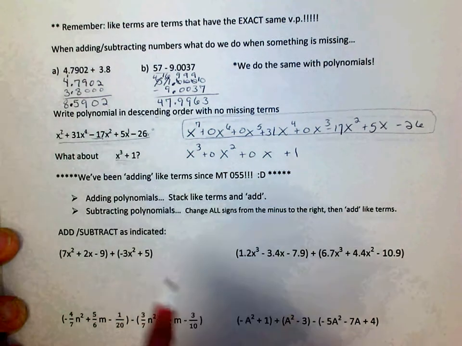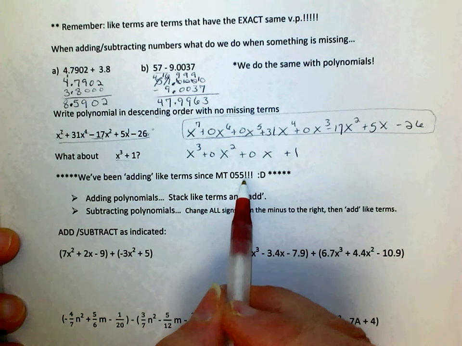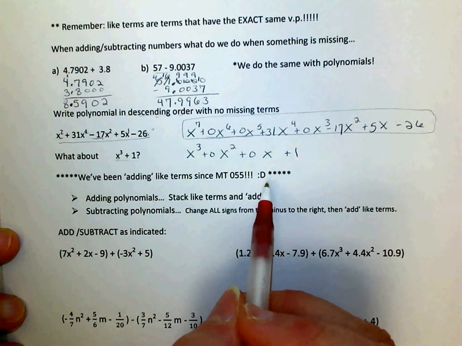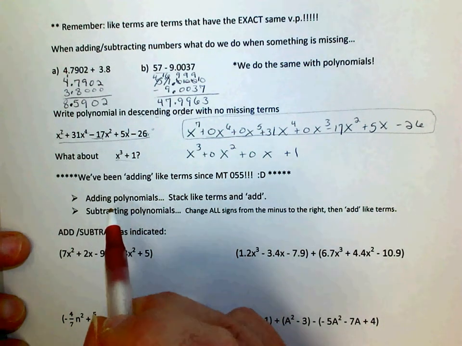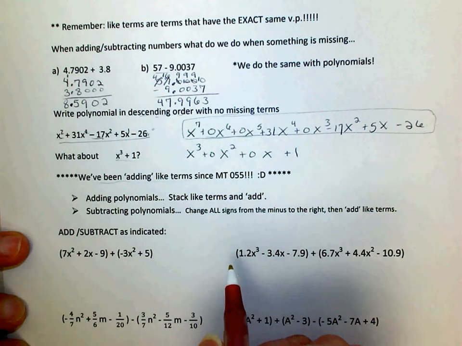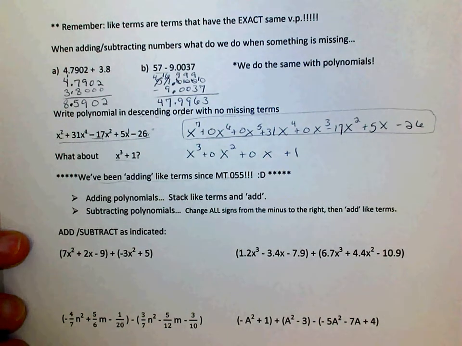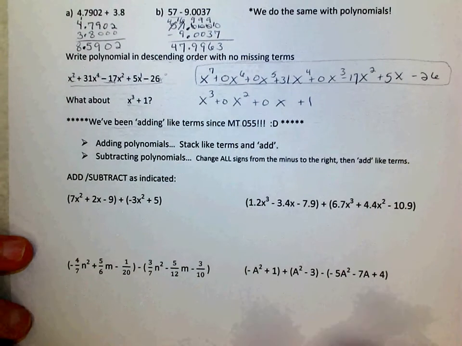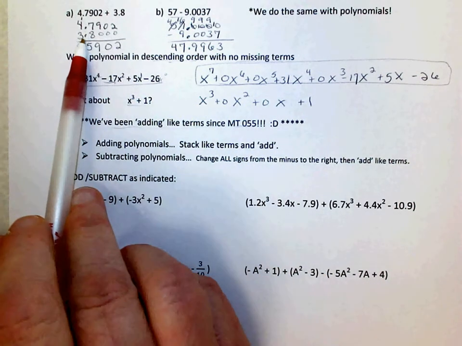Now, we've been adding like terms since Math 55. And you're going to hear this over and over and over, because it's true. You've been doing this stuff for a while now. Now, adding polynomials. Stack your like terms, kind of like when you stacked your decimals.